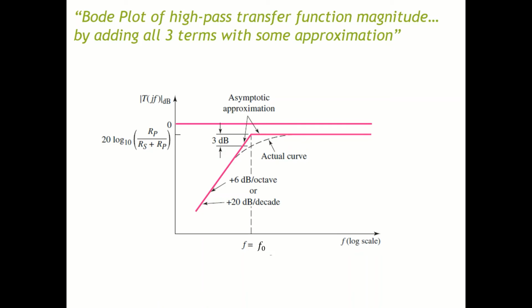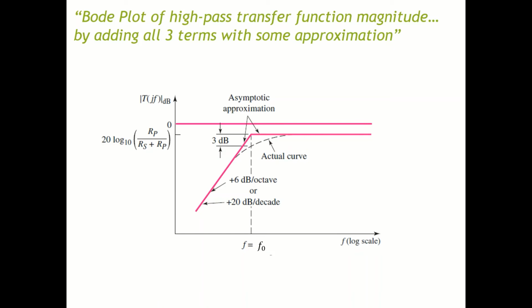If the frequency is a lot larger than your corner frequency, the second term and the third term have the same slope, but one is positive, one is negative, so effectively they will cancel each other out.